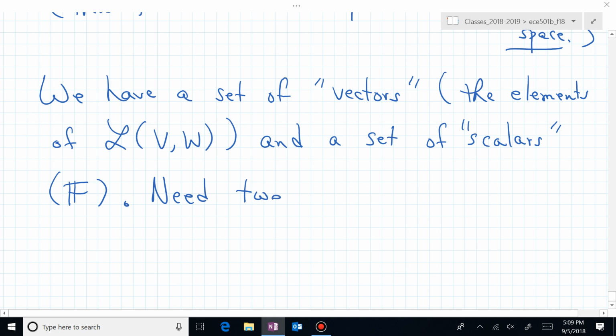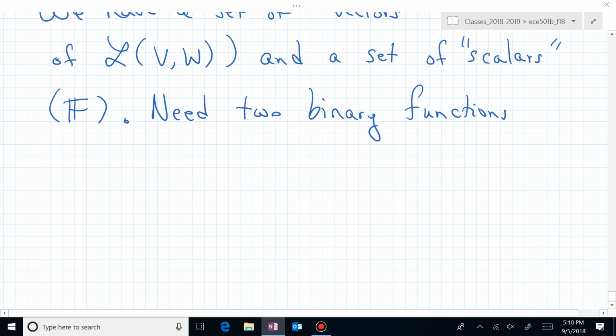We need to be able to add these vectors together, and we need to scale them. So we need two binary functions or operations.